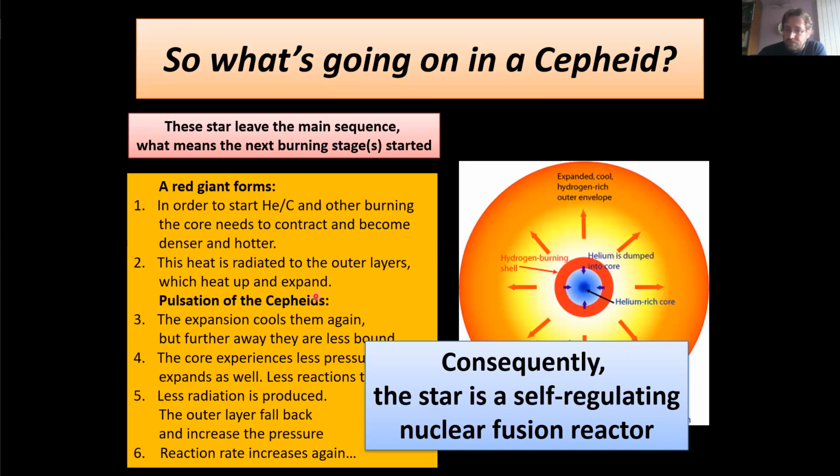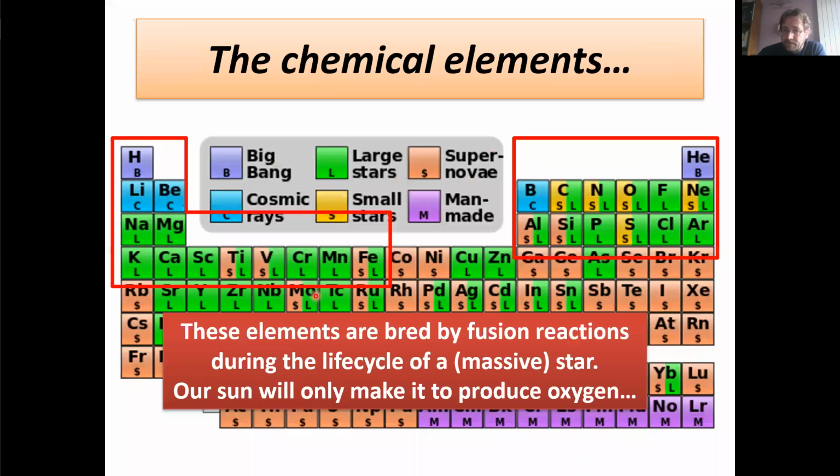Okay, so to summarize what we have learned today: we start with hydrogen, a bit of helium, jump over lithium, beryllium, boron, to carbon.